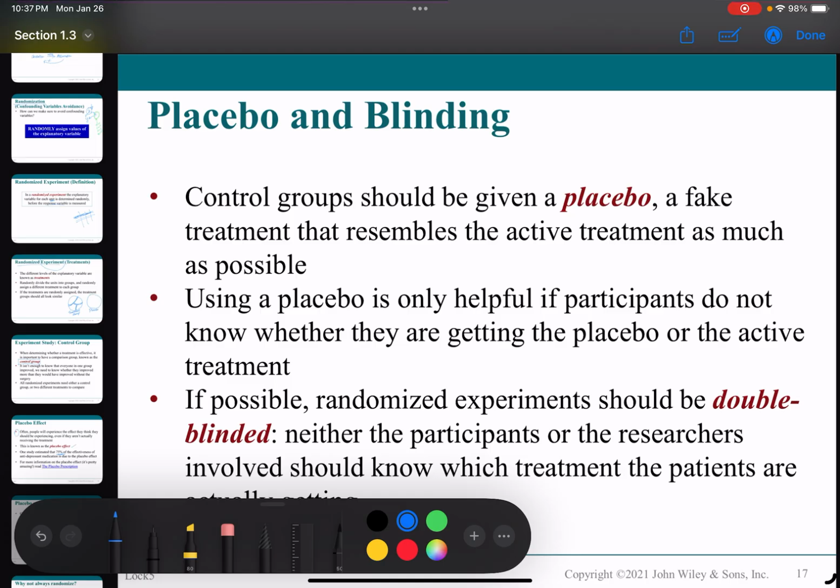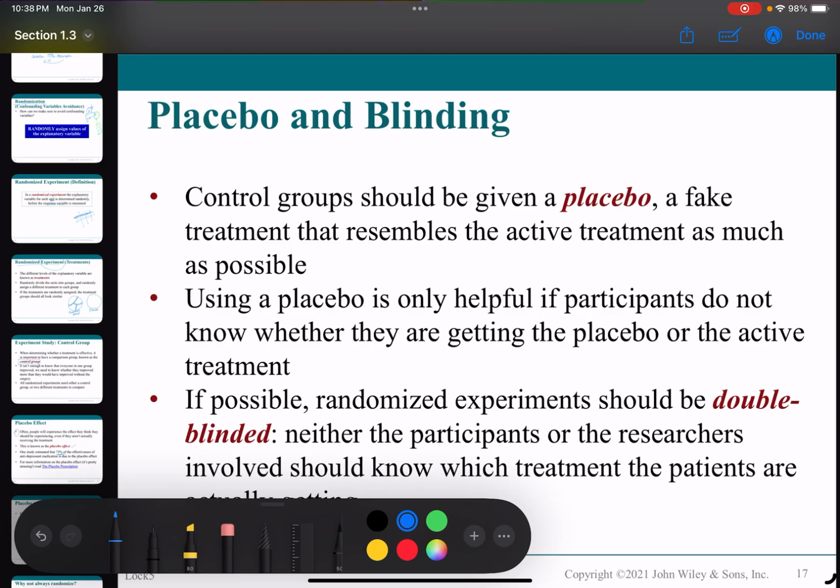Like the researcher doesn't know, researchers select the people or the objects randomly. Even the patients don't know which group they belong to, and also the researcher doesn't know which group he assigned patients to, something like that.